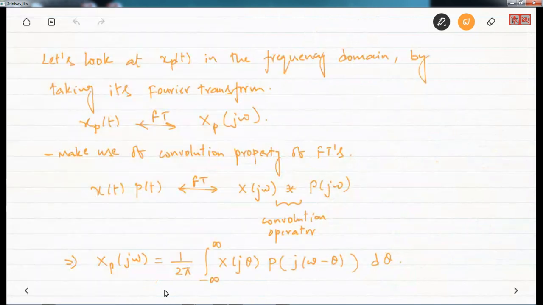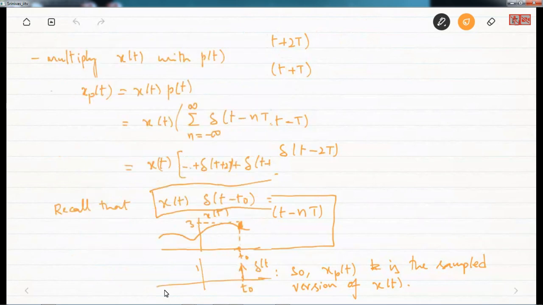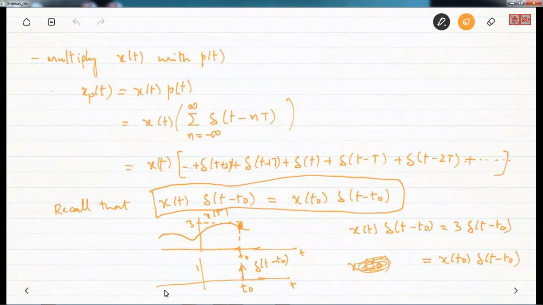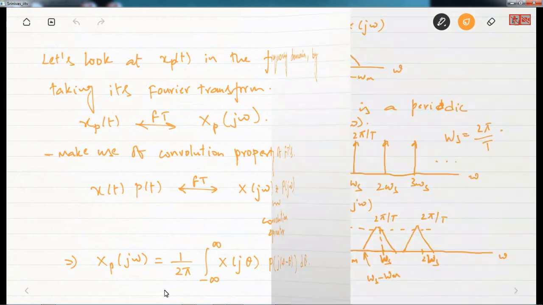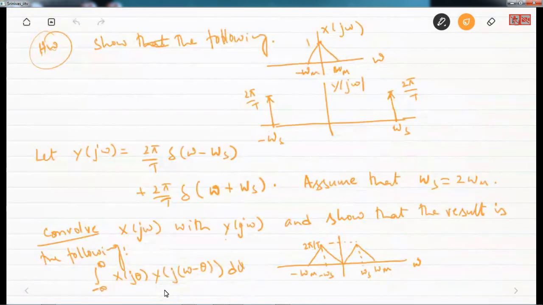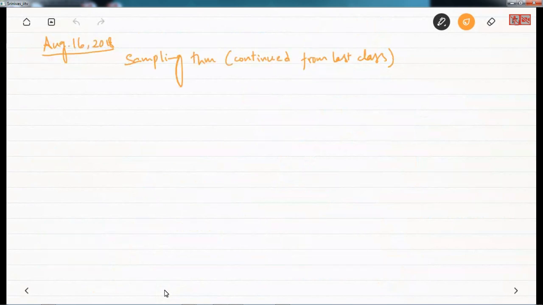So what we did was we have taken a continuous time signal x of t, a continuous time signal that is band limited, meaning its frequency content is band limited to omega m.